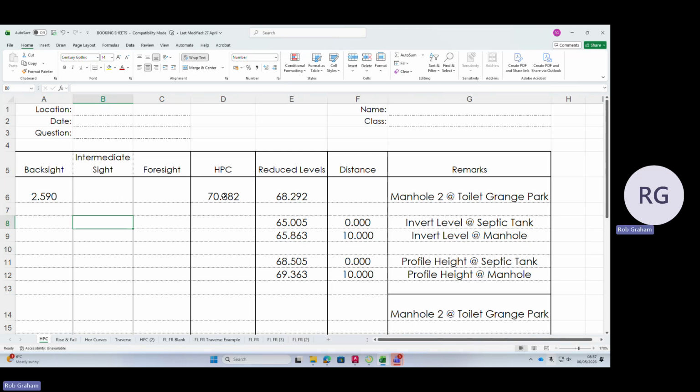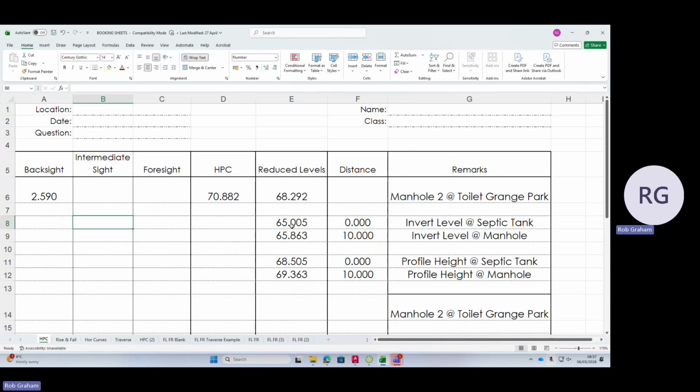So if you go back to your booking sheet from the 4th of February, thank you. So basically copy the top line of those details in. And basically you will have the HPC of 70.882 in this example.